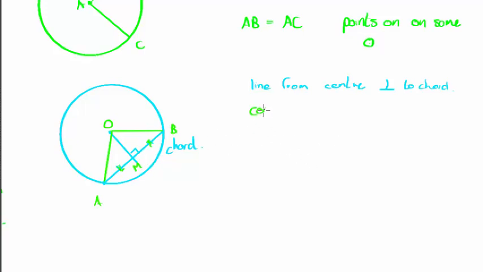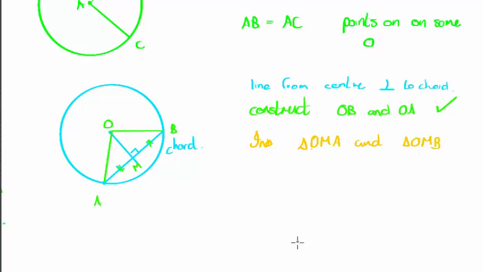So construct OB and OA. There's my first mark. Now, what can you tell me about those two triangles? When you do congruence, you say in triangle OMA, and you follow the same order, triangle OMB. What can you tell me?